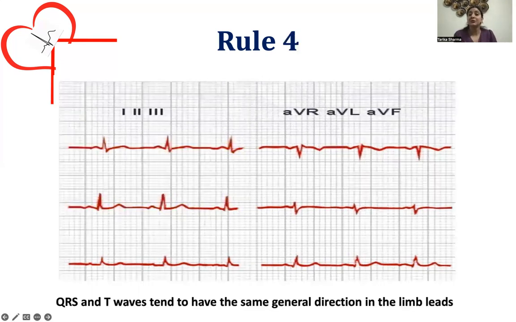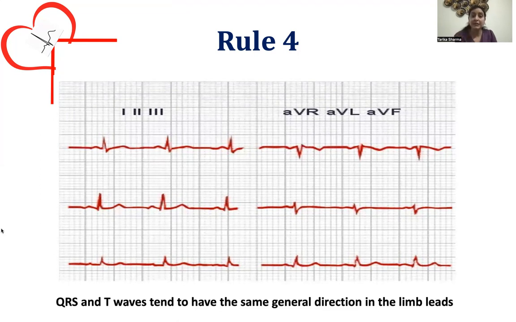Now, rule number 4. As per rule number 4, the QRS and T waves should have the same direction in the limb leads. So all these 6 leads which are depicted here in this slide are your limb leads. कौन सी है? Lead 1, lead 2 and lead 3 plus AVR, that is augmented vector right, AVL augmented vector left, AVF augmented vector foot.